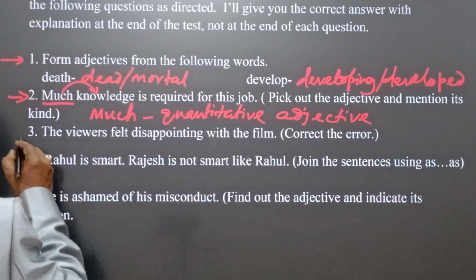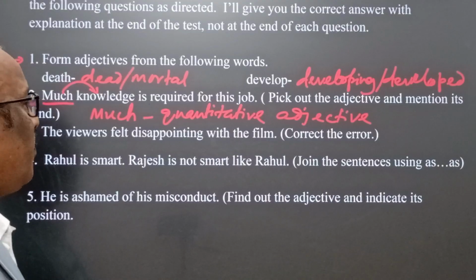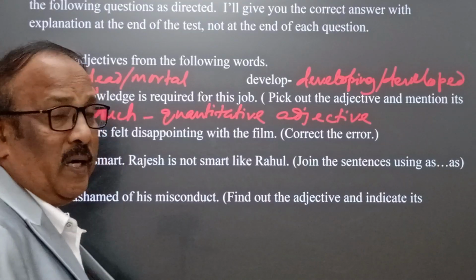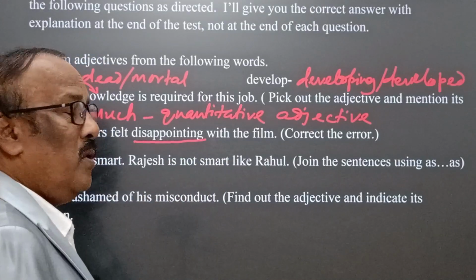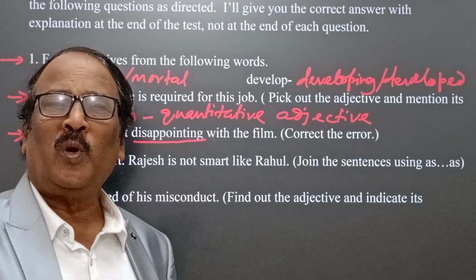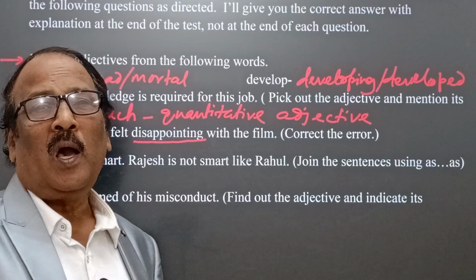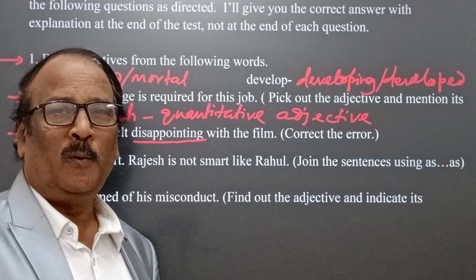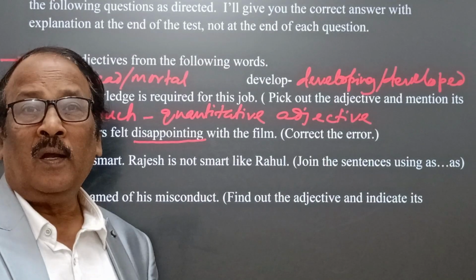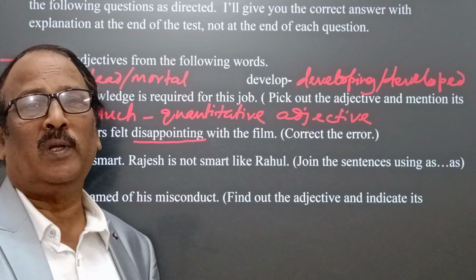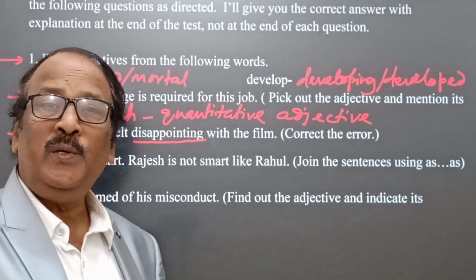Now come to question number 3. The viewers felt disappointing with the film. Correct the error. Here disappointing is the error. We have two forms of participle adjectives: one is the present participle, another is the past participle. Whenever anything or person or situation causes a feeling or emotion, the present participle form of the adjective is used.